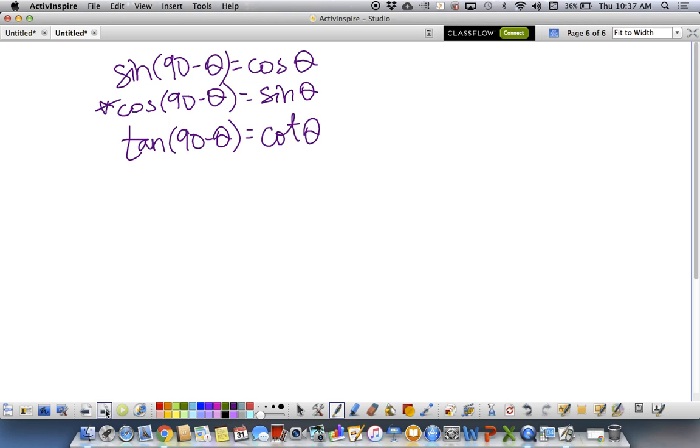Cotangent you could really rewrite as tangent 90 minus theta. Or, instead of 90 degrees, could I get really crazy and put a pi over 2 there? What is pi over 2? 90. So could I write cotangent 90 minus theta equals tangent theta? These are just your cofunctions.